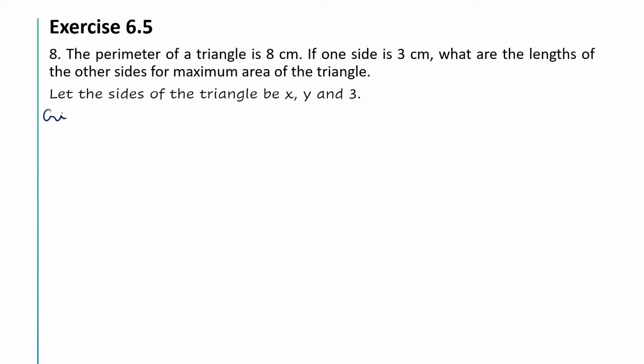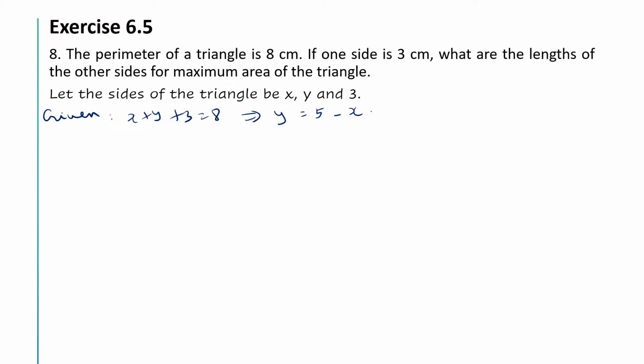Given x plus y plus 3 equal to 8, from this we have y is equal to 5 minus x. So we have the three sides of the triangle as x, 5 minus x and 3.